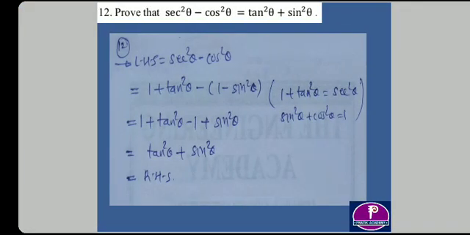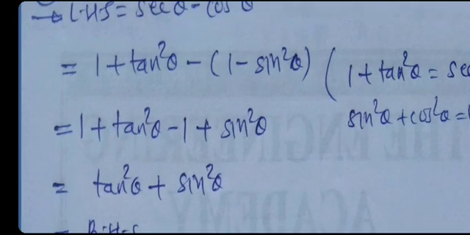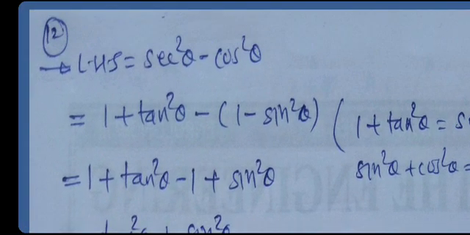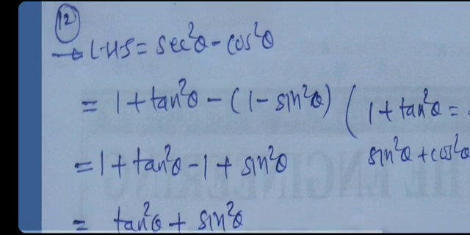Next, prove that sec square theta minus cos square theta is equal to tan square theta plus sin square theta. So consider LHS. It is sec square theta minus cos square theta, but sec square theta is 1 plus tan square theta, and cos square theta can be written as 1 minus sin square theta.